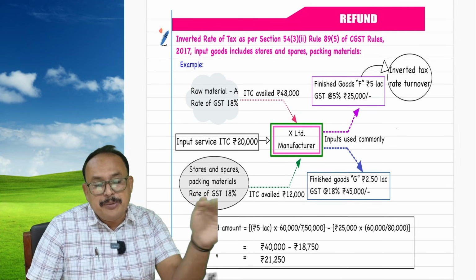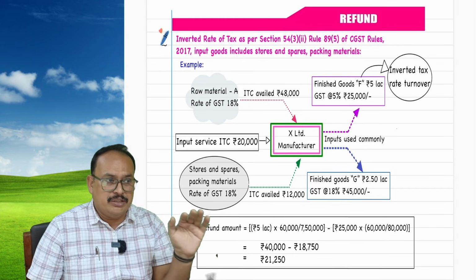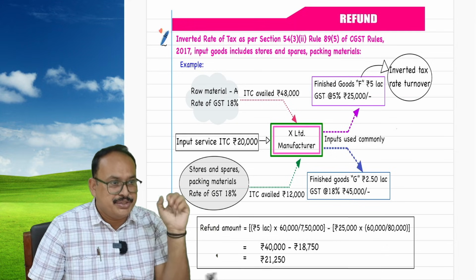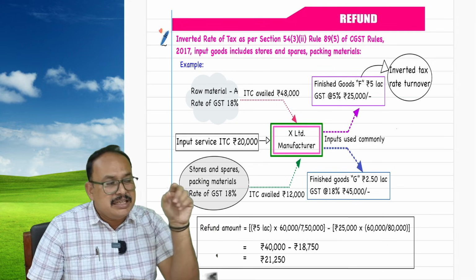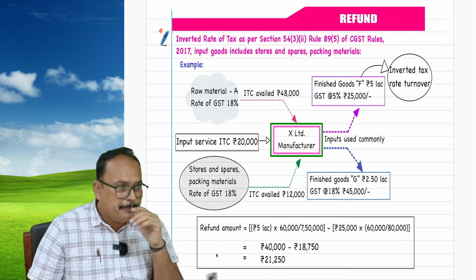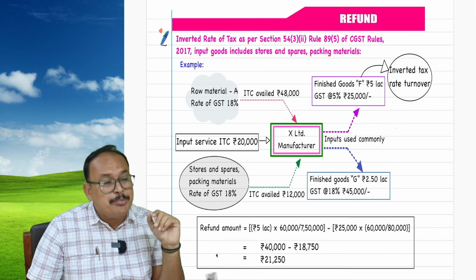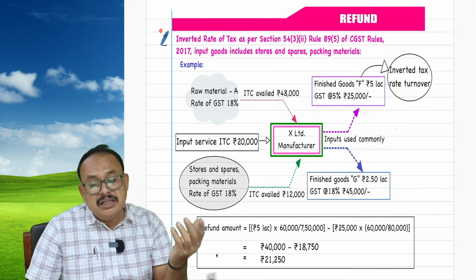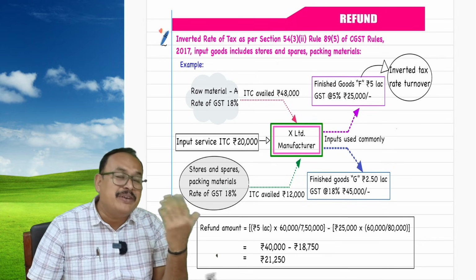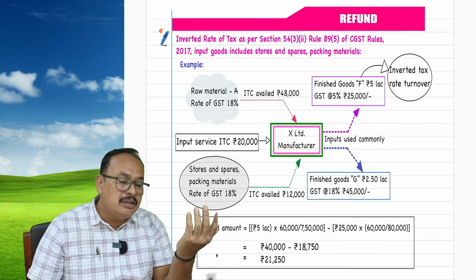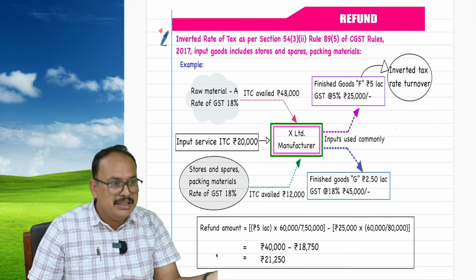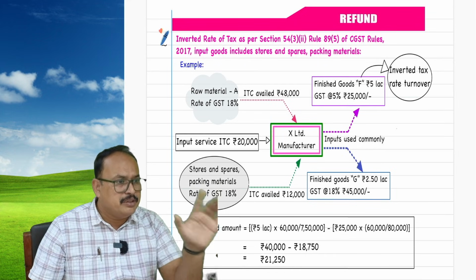On 5 lakhs, 5% GST is 25,000. Not 25,000 is the turnover, 5 lakhs is the turnover, on which GST at 5% is 25,000. The taxable goods I produce at 18% GST have a value of 2.5 lakhs, not 45,000. 45,000 is the GST at 18% on 2.5 lakhs.